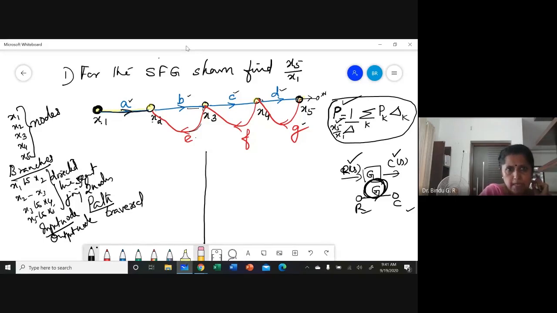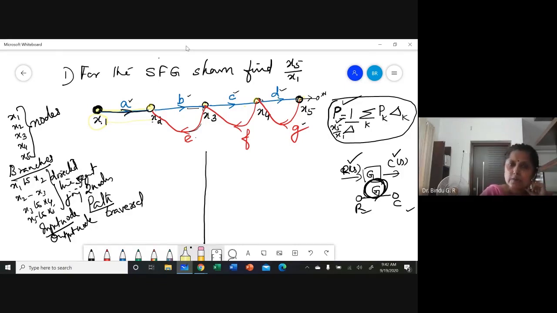Which means path from X1 to X2 to X3. AB can be one path, or ABC can be another path, or ABCD can be another path, or CD can be one path. Those are all path gains.